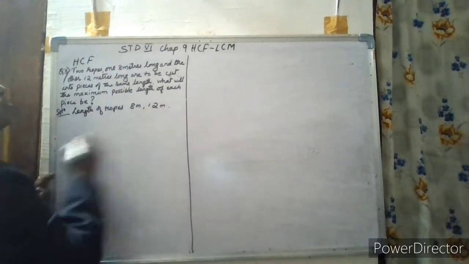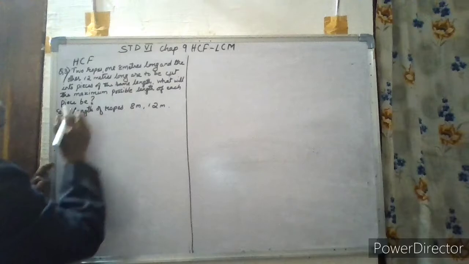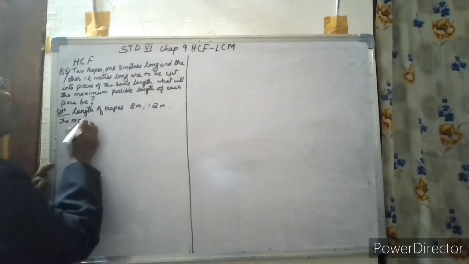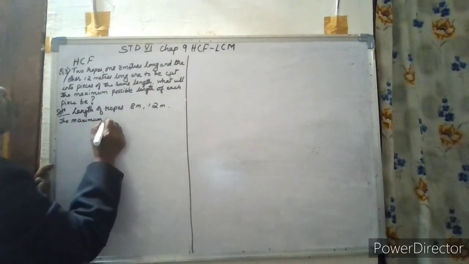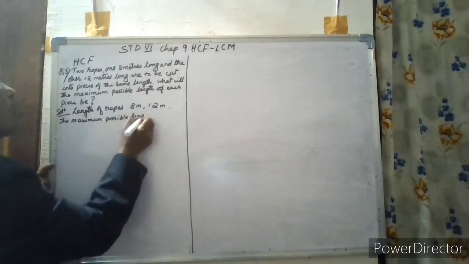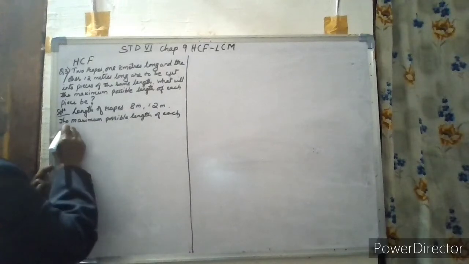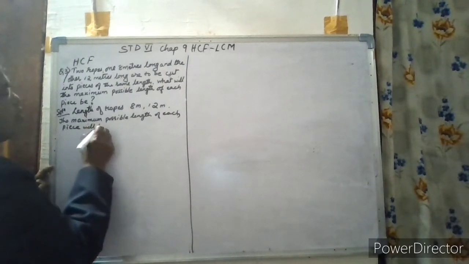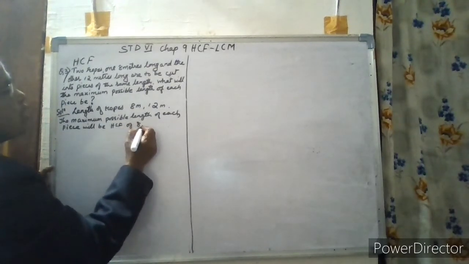So, the maximum possible length of each piece will be HCF of 8 and 12.